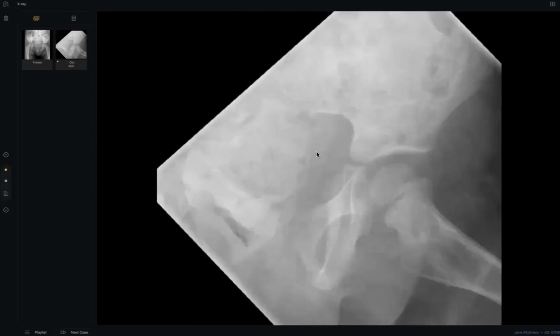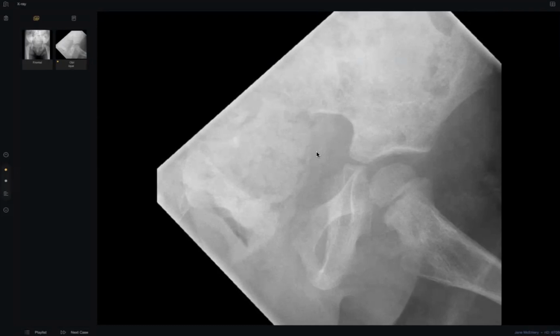In the orthogonal view, I can again appreciate lucency with subtle areas of cortical irregularity along the upper left femoral shaft. The contour of the femoral head is unremarkable, with no subchondral lucencies or erosive changes. The rest of the visualized bones appear unremarkable. So, a lucent lesion involving the left upper femur.